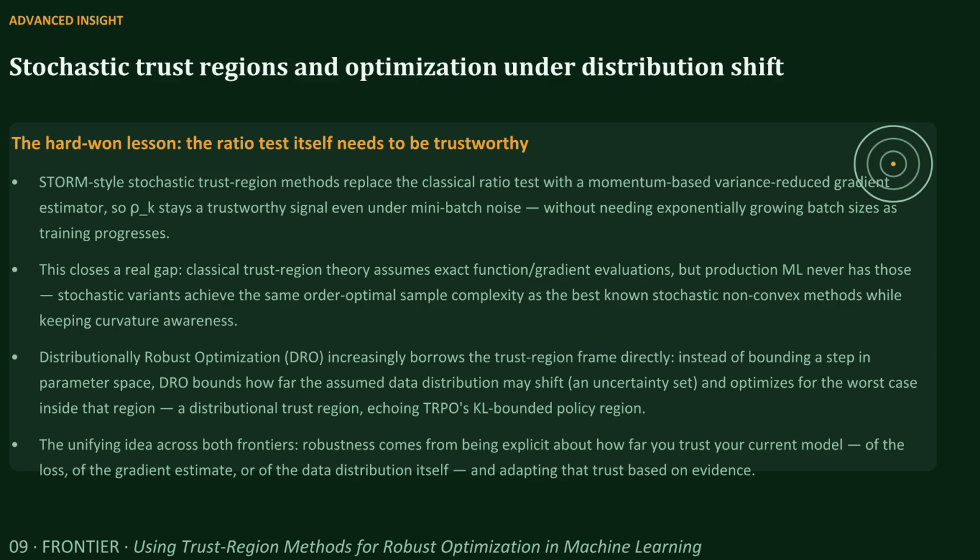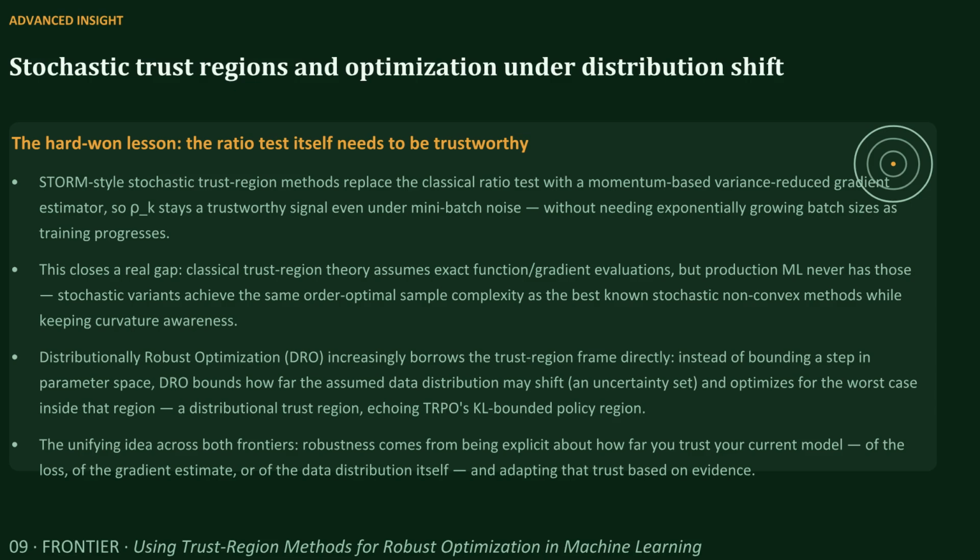So rho stays a trustworthy signal even under mini-batch noise, without requiring exponentially growing batch sizes as training progresses. These methods achieve the same order-optimal sample complexity as the best-known stochastic non-convex methods, while still keeping curvature awareness. That's a meaningfully different guarantee than what Adam-style methods offer.